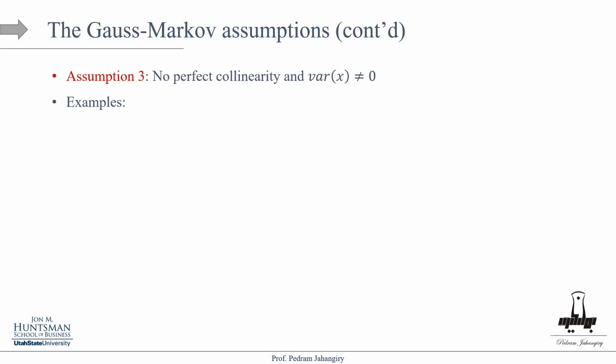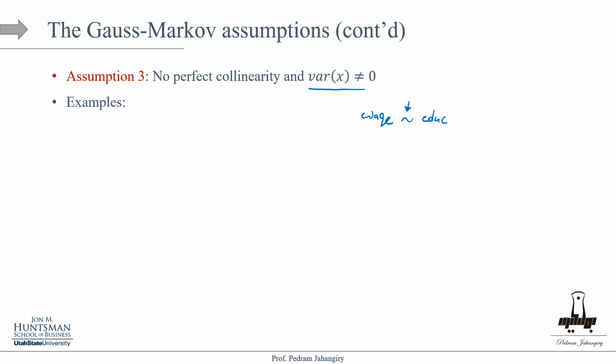Assumption number 3: no perfect collinearity, and the variance of the explanatory variables should not be equal to 0. Let's start with this one, which is simpler to grasp at the beginning. Let's say I'm regressing wage on education. By the way, this tilde is a notation that we use when we say regressing wage on education.